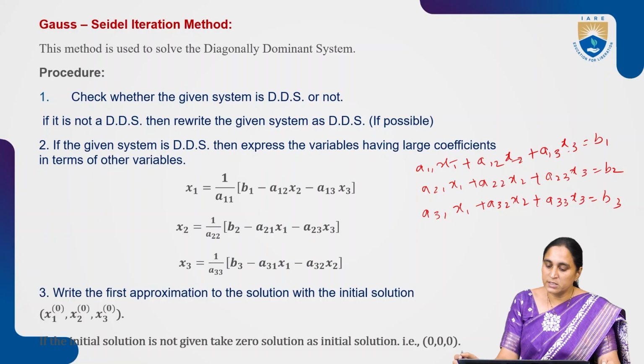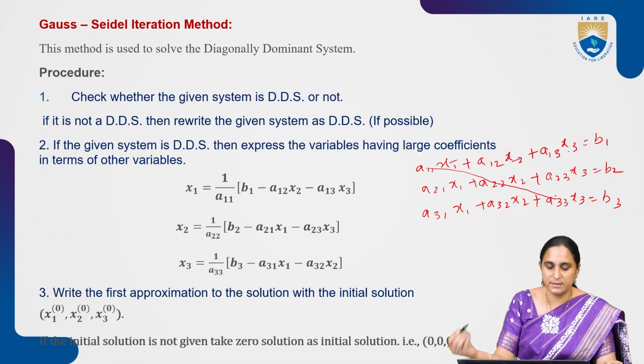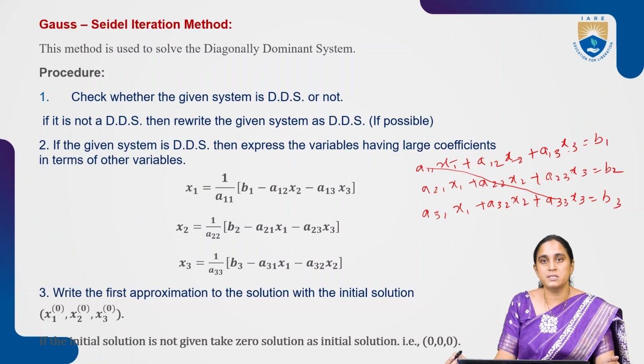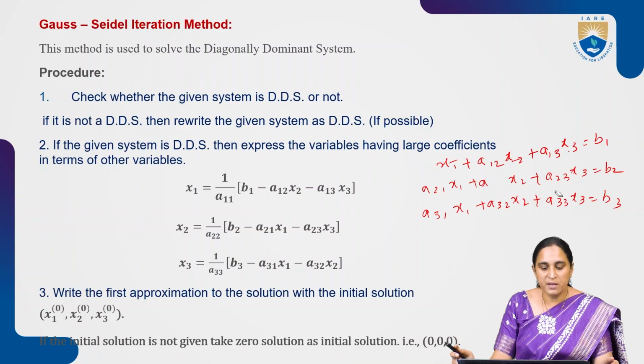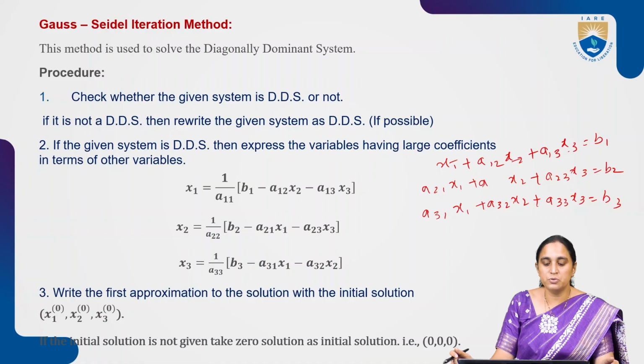What are the diagonal elements here? a11, a22, a33, which are large values compared to the other elements. For the first iteration, write x1 is equal to 1 by a11 into b1 minus a12 x2 minus a13 x3. x2 is 1 by a22 into b2 minus a21 x1 minus a23 x3. x3 is equal to 1 by a33 into b3 minus a31 x1 minus a32 x2.